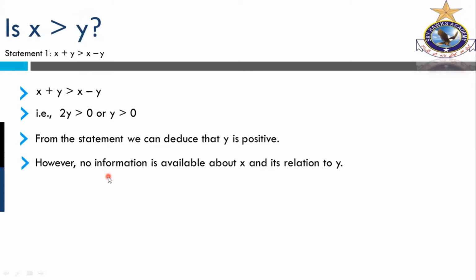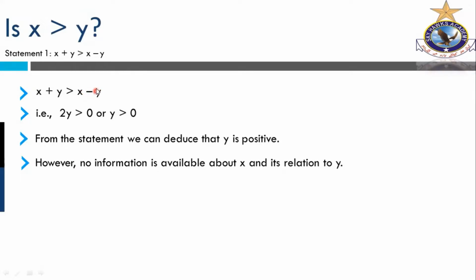However, no information is available about x and its relation to y. Still we are not in a position to say something about this x. It may be negative or positive. When we are subtracting something, that must be positive for the sum to be greater than the difference.